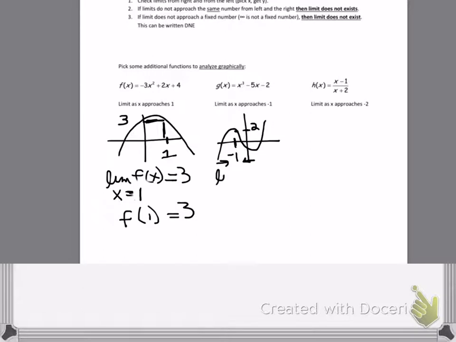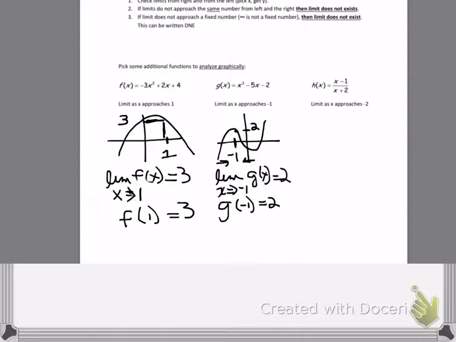So the limit from the left and from the right, which is the requirement, as x approaches negative 1, and this function was called g of x, is going to be 2. This function, g of x, evaluated where x is negative 1, will also equal 2. So the function value and the limit are the same in this situation.